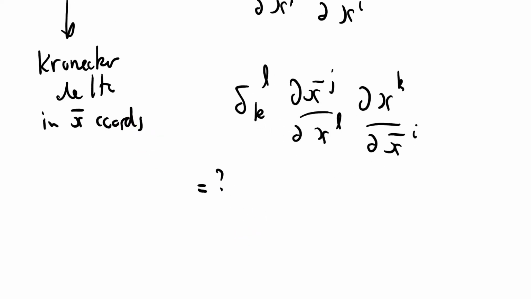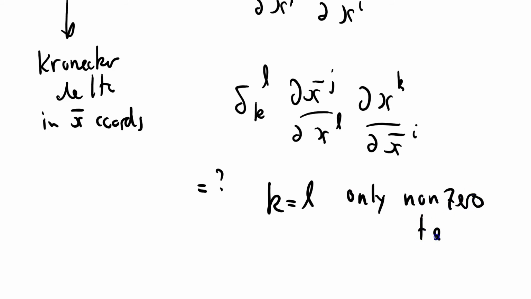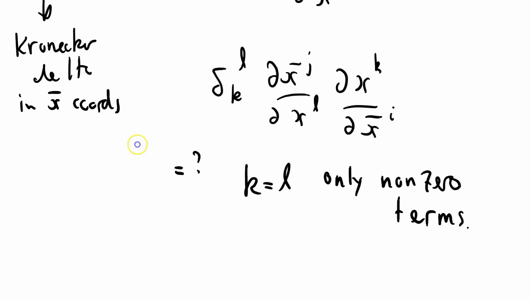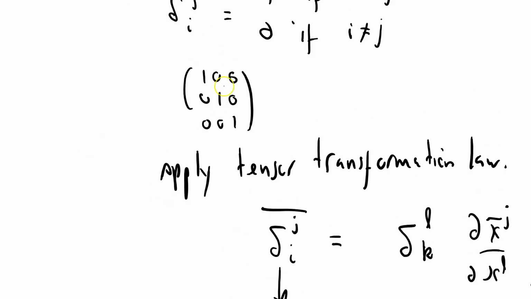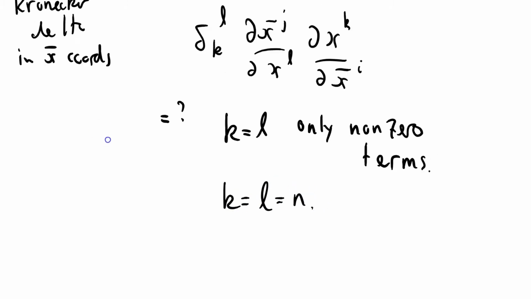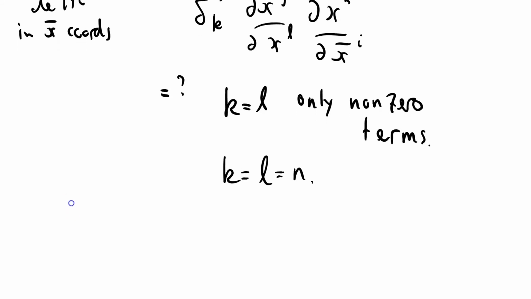Well, we only need to consider the terms where k equals l. They're the only non-zero terms, because if k is not equal to l, if these two terms are different, we're off the diagonals, on the off-diagonal bits, so we're not interested in that. So I'm just going to write k equals l equals, let's say, n, because I need a new variable and I don't want to privilege k or l.